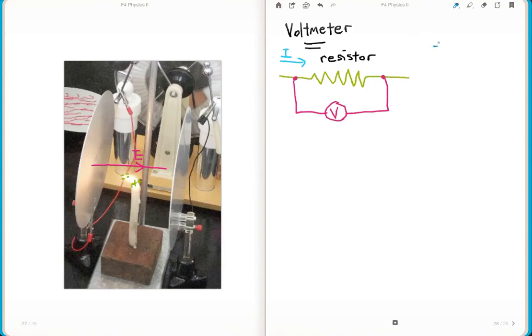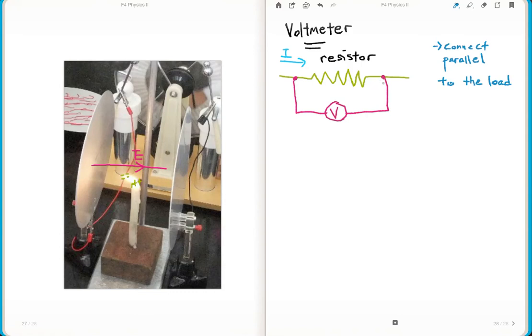So, short notes: you need to connect the voltmeter parallel to the load. The load could be a light bulb or resistor. You want to measure the amount of work done to bring a unit charge.